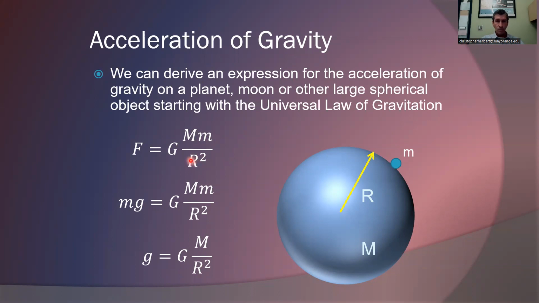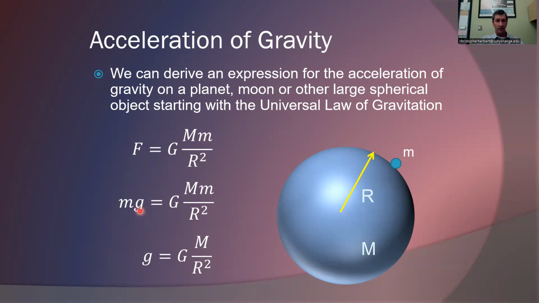So if I want to know the force of gravity due to a massive planet on a smaller mass m, where the planet has some radius big R, I would use this expression right here. But we also know that the weight of an object, say this little object, small m, by Newton's second law, is equal to its mass times the acceleration. In this case, we're looking at the acceleration of gravity.